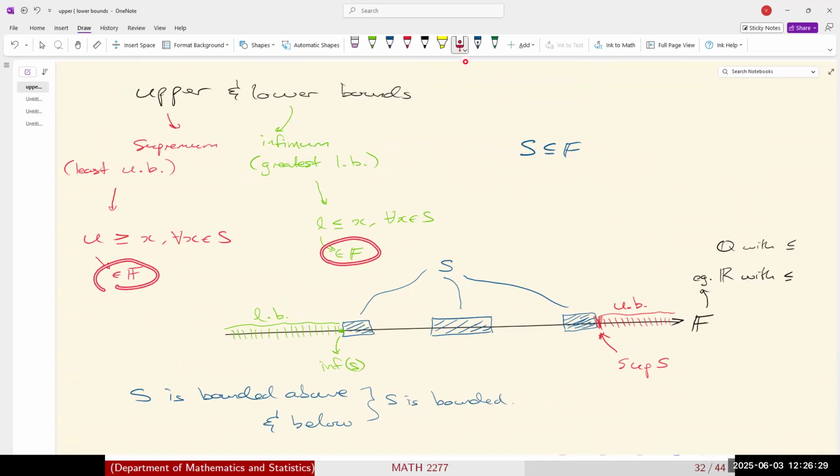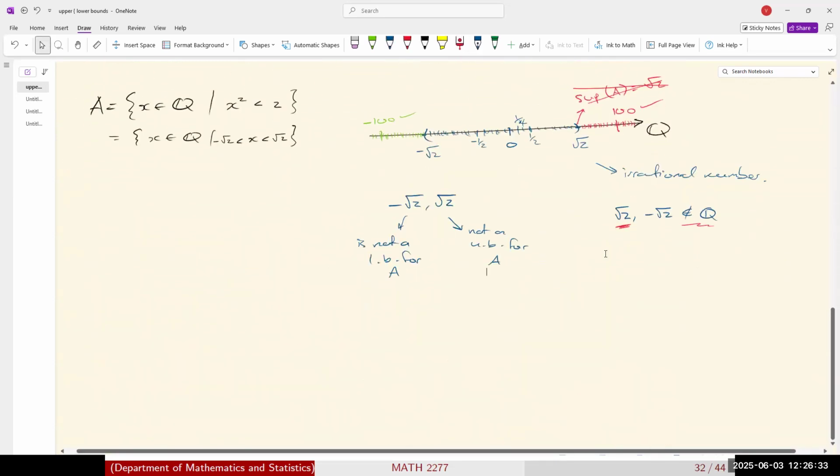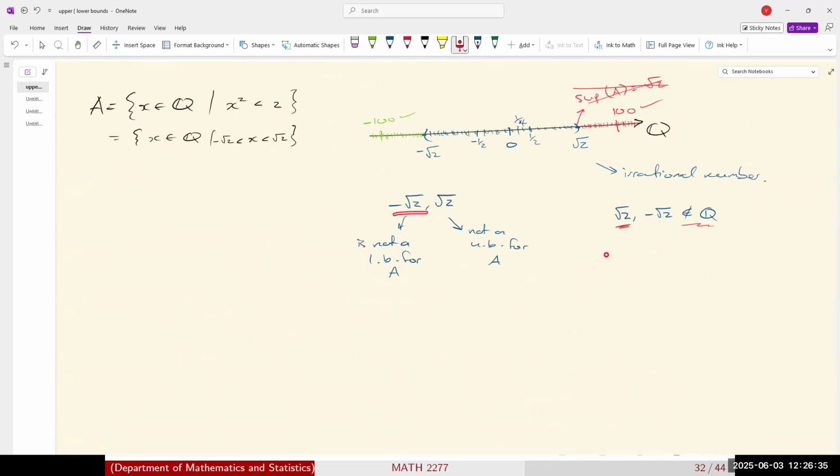And the underlying field we are looking at is the set of rational numbers. So minus root 2 and root 2 are not bounds for this set, right?